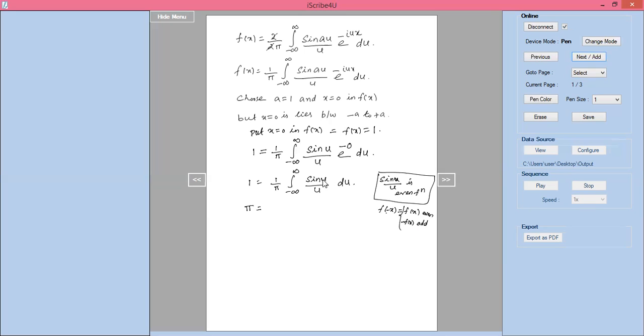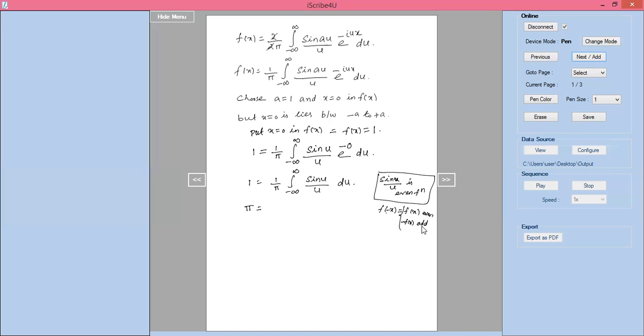If we replace u by minus u, sine of minus u is nothing but minus sine u divided by minus u. Minus minus get cancelled, so you will get sine u by u, which is nothing but again f of u. So if I replace x by minus x and get f of x only, it is even. If I get minus f of x, it is odd.